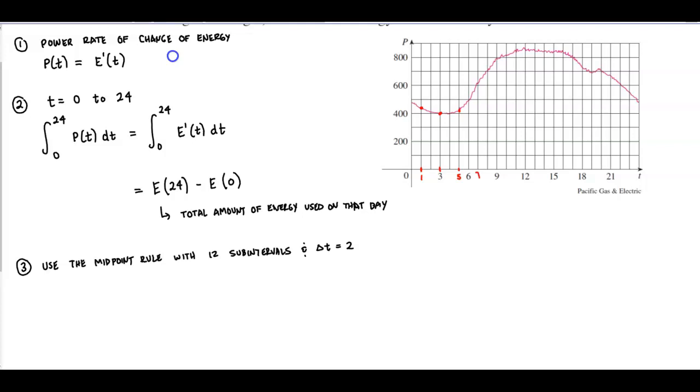At 7, at 9, at 11, again using the midpoint rule, what's the output? At 13, another midpoint there. We're estimating the outputs.